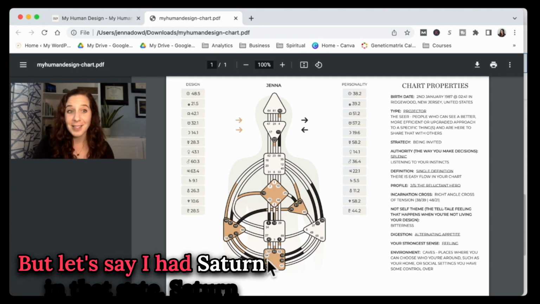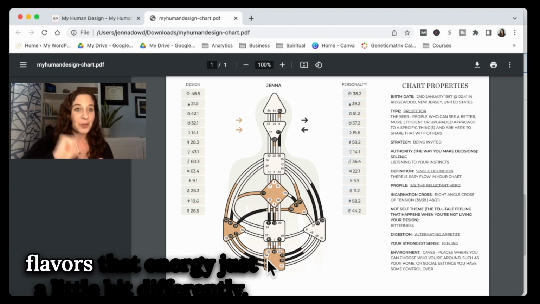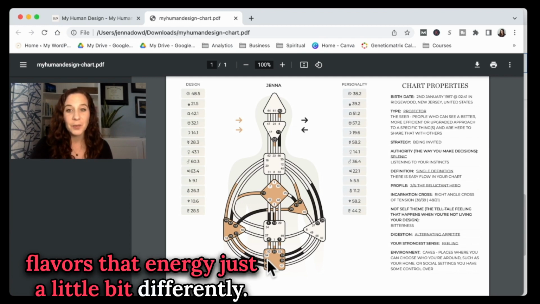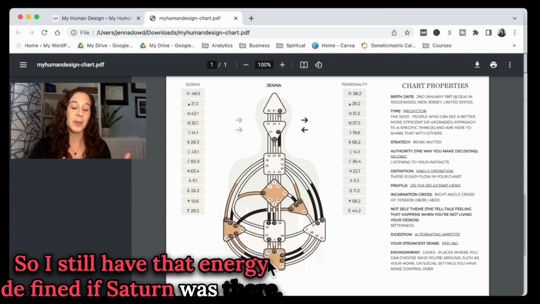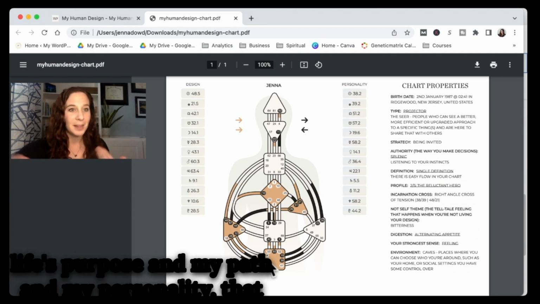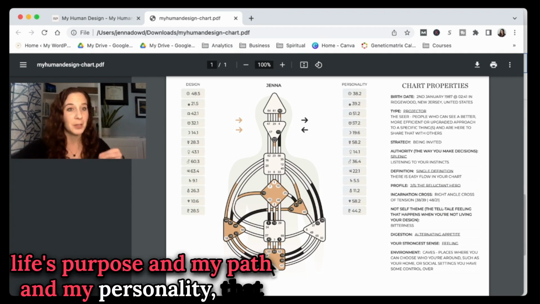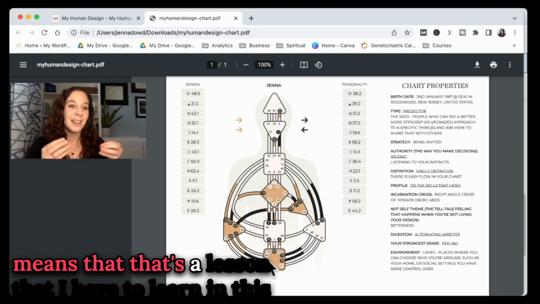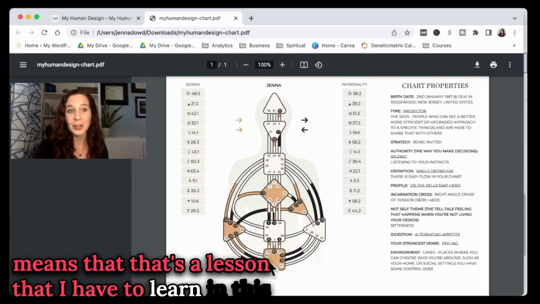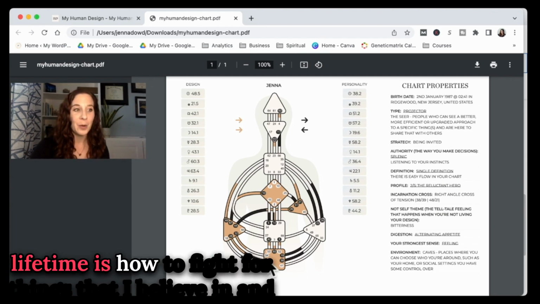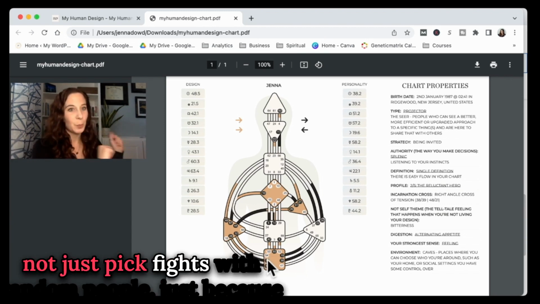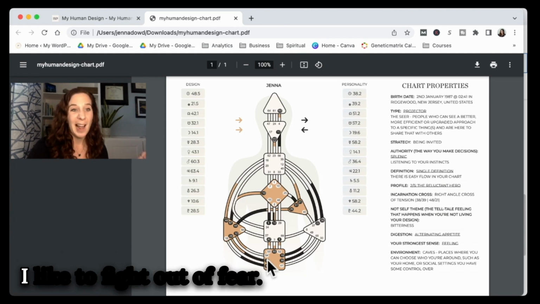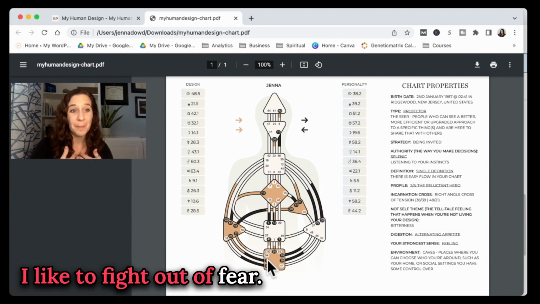But let's say I had Saturn in that gate. Saturn flavors that energy just a little bit differently. So I still have that energy defined if Saturn was there, but that means that instead of it being my life's purpose and my path and my personality, that's a lesson that I have to learn in this lifetime: how to fight for things that I believe in and not just pick fights with random people just because I like to fight out of fear.